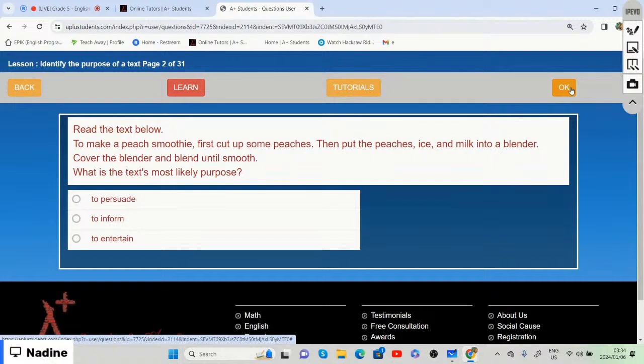Is this to persuade readers to do it, to inform readers, or to entertain the readers? Why do you think they're trying to entertain in the text?